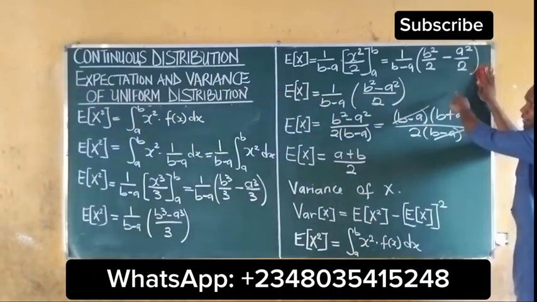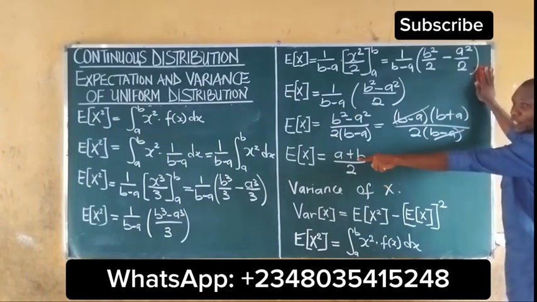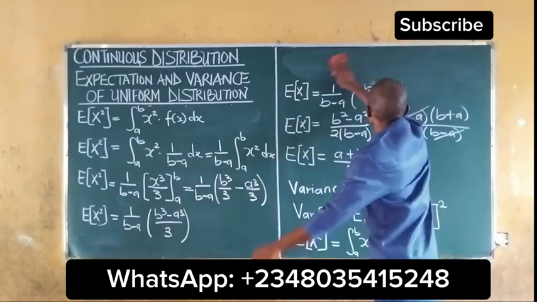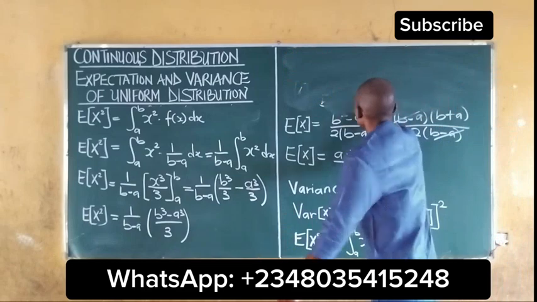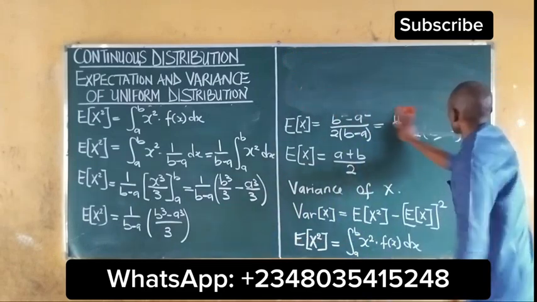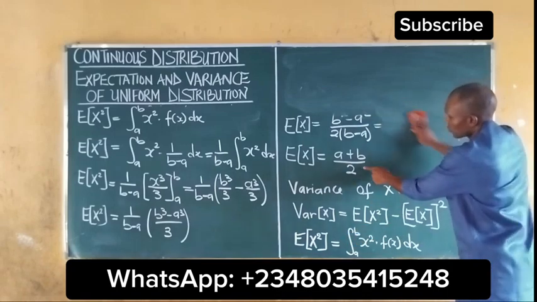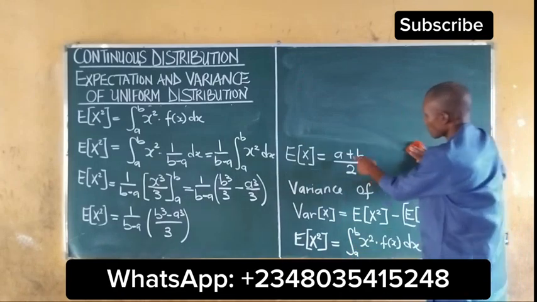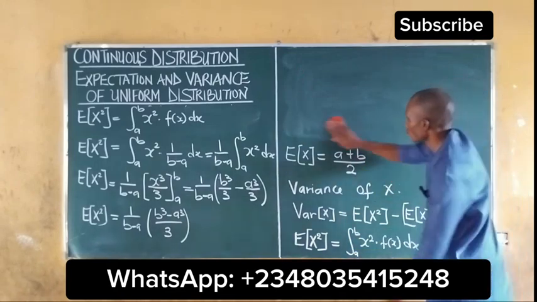We'll move over to this side so that we can write our expected value of x squared there. We should also remember that our expected value of x is equal to a plus b all over 2.